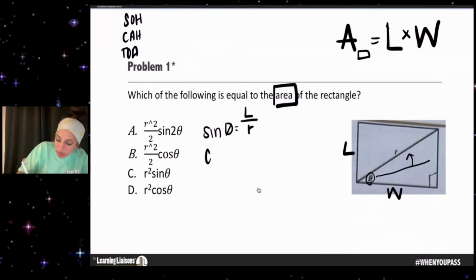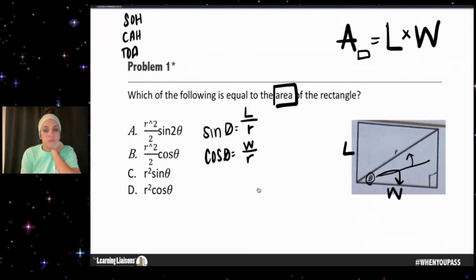And cosine of theta is going to be adjacent over hypotenuse, so width over r. You're like, that didn't help. Well, it kind of did, because I could use the substitution property for length and width and plug these in. I just need to get length and width by themselves.